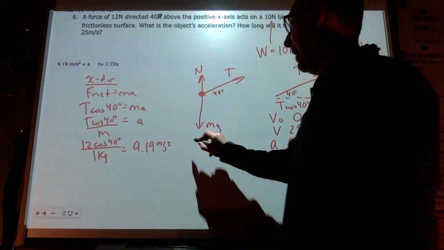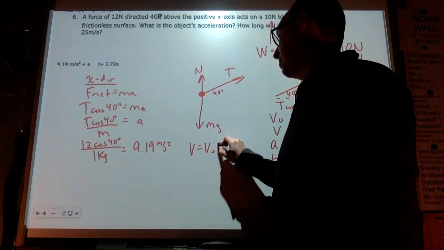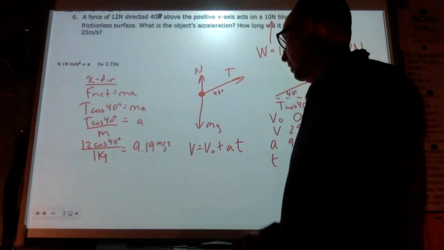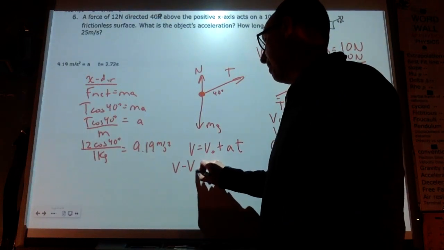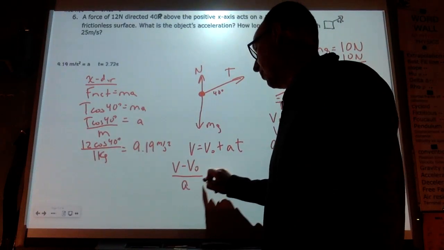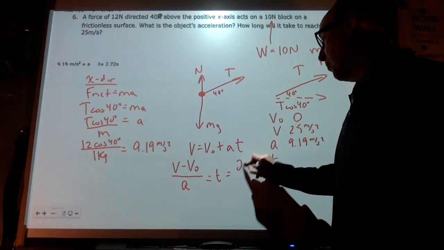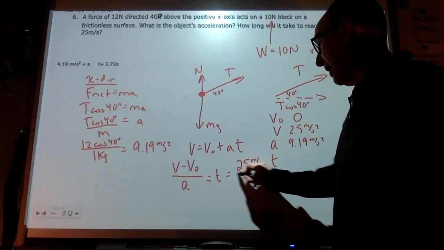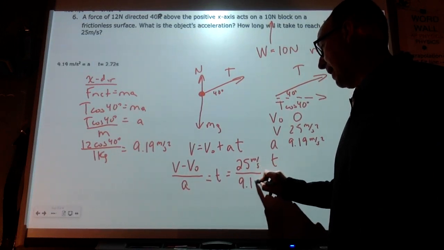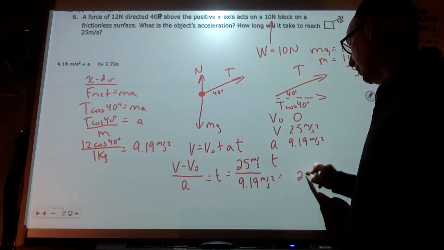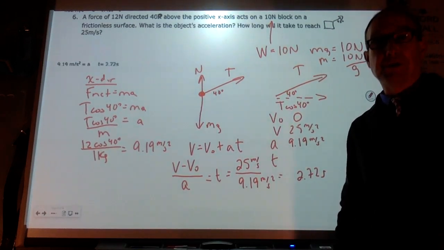I know that v is equal to the initial v, v naught, plus at. And so v minus v naught over a will give me t. So my final velocity 25 minus my initial, which is 0, divided by almost 9.2, gives me a time of 2.72 seconds.